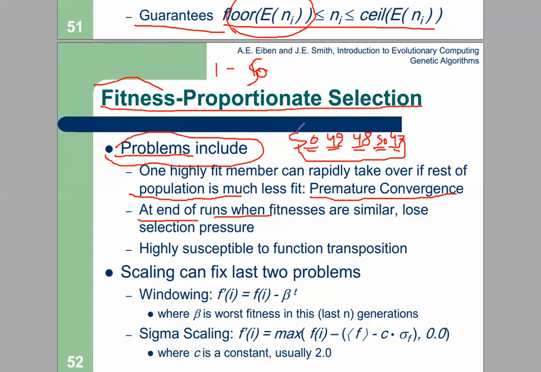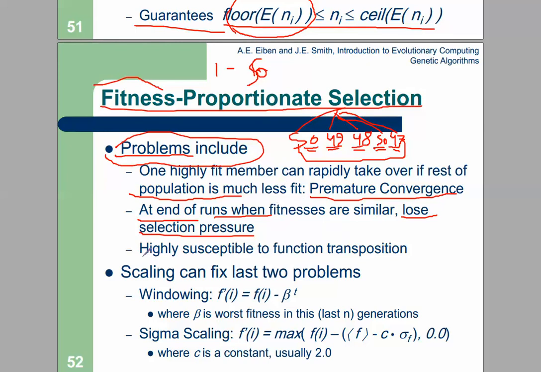These values are very similar to each other, and so we lose the selection pressure. The selection pressure means the distinction between the individuals. If all of the individuals have the same fitness, this selection is the same as random selection, and random selection has very low selection pressure.